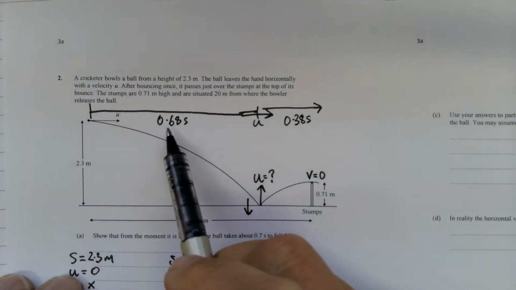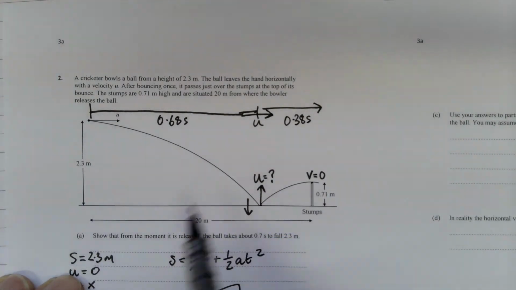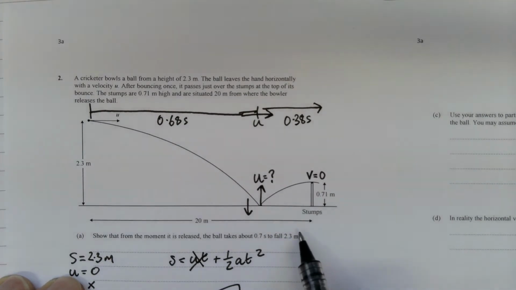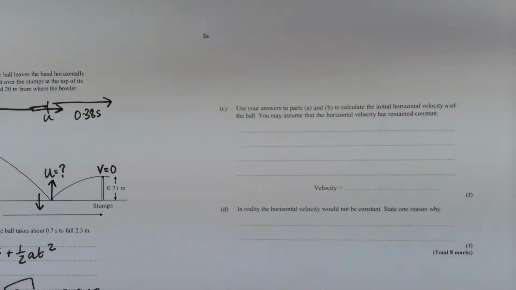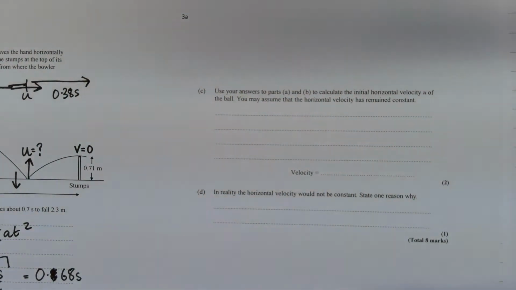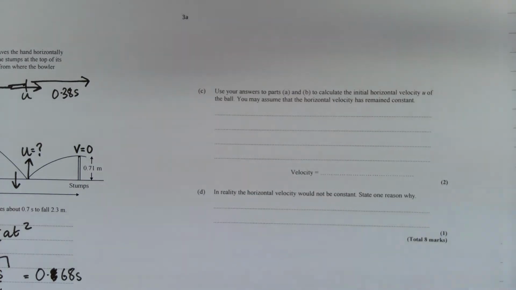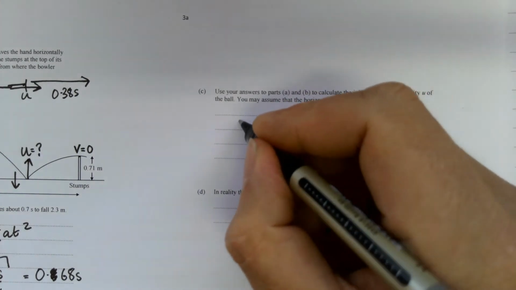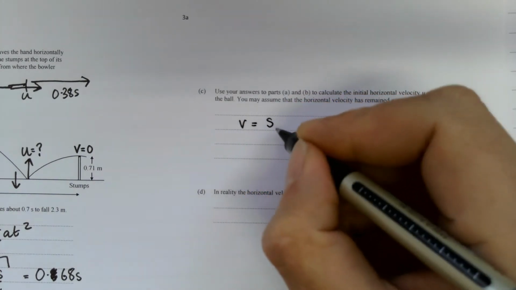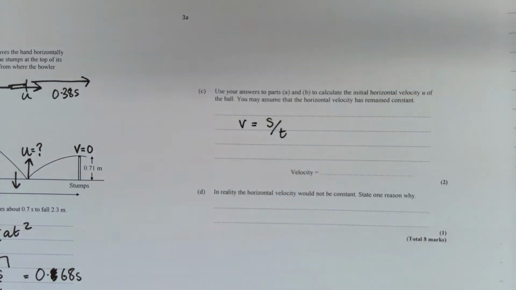So we know how long it took, and we know how far it's gone, and it's not been accelerated. So we're just going to use speed. Is that what they're asking us? Yeah, speed equals distance over time.